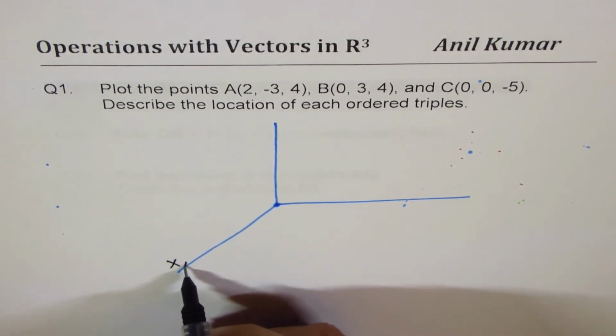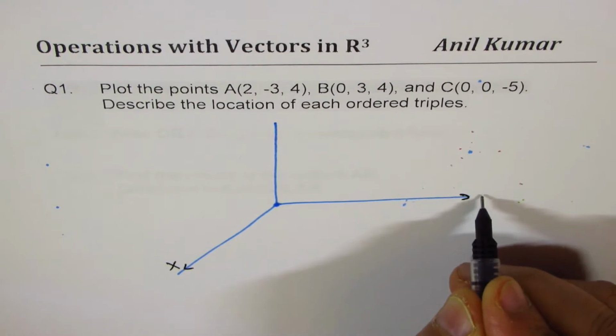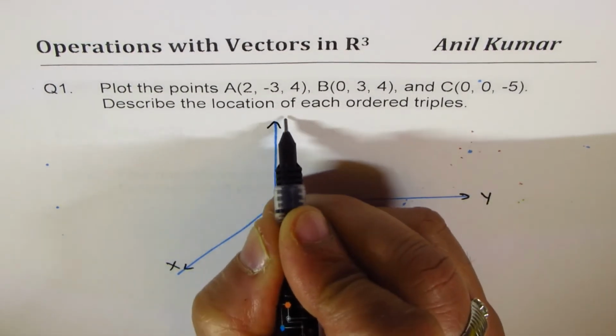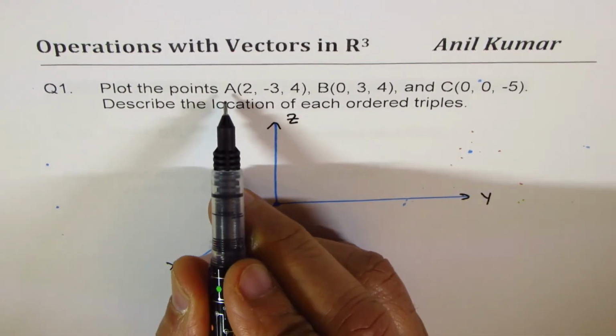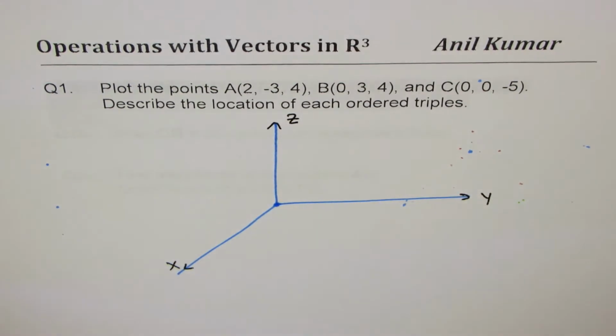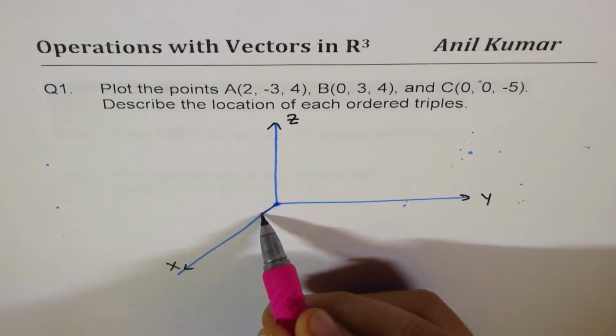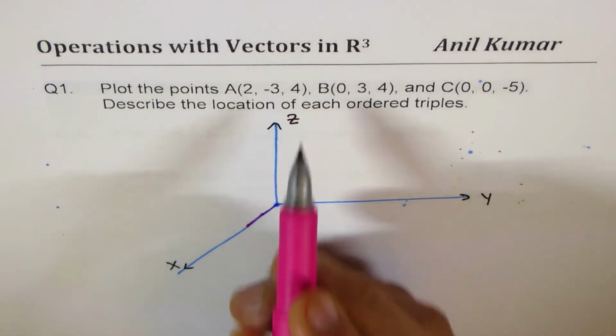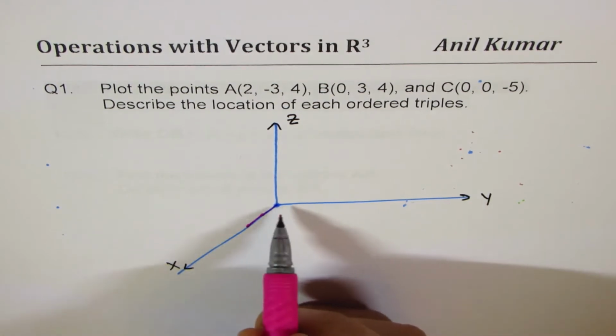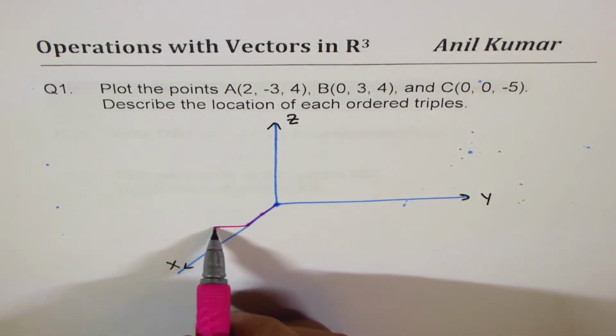This is the positive x-axis for us. This is positive y, positive z. Let's take the point A first. The point A is 2 units towards x, so we'll say 1, 2. Minus 3 means y is positive that side, so minus 3 means 1, 2, 3.